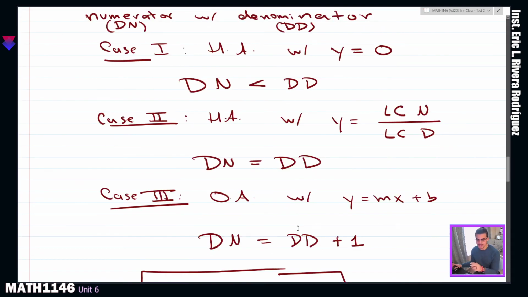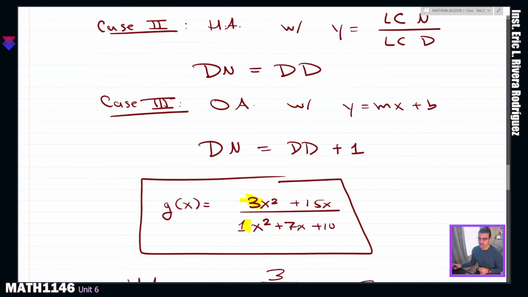When they are the same, the degree of the numerator equals the degree of the denominator, we have a horizontal asymptote, and the equation will be the leading coefficient of the numerator divided by the leading coefficient of the denominator. Case number 3 is the only one where we are going to have an oblique asymptote, when the degree of the numerator is 1 degree greater than the degree of the denominator.